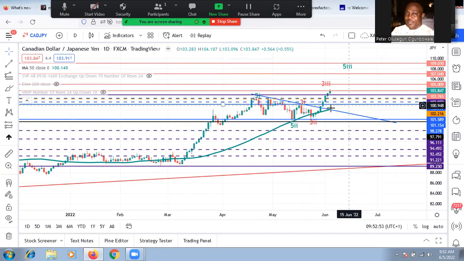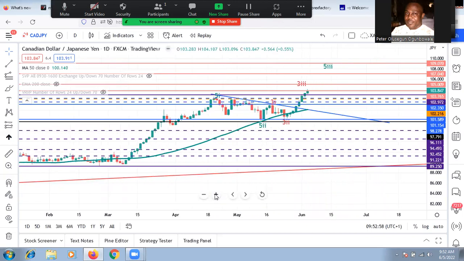But what is going to help us to navigate is this. We are going to see this one now. This is completely 3-1, completely 3-2. Now, inside of this 3-3 that is going up now, it will have its own 1, its own 2, and its own 3. So that is what we have to map out now.